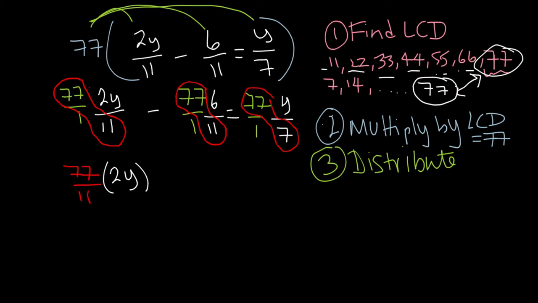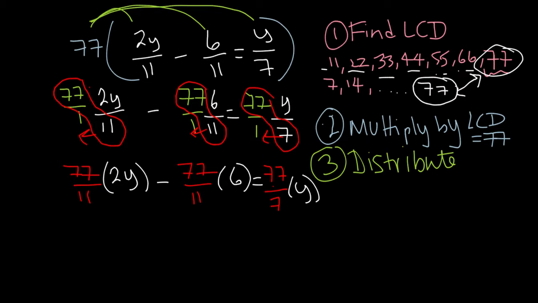We'll go ahead and put the 2y in parentheses, minus 77 over 11 times 6 equals 77 over 7 times y. The reason I did that rewriting with moving this denominator under the 77 for each of these fractions is now these are going to divide really easily.